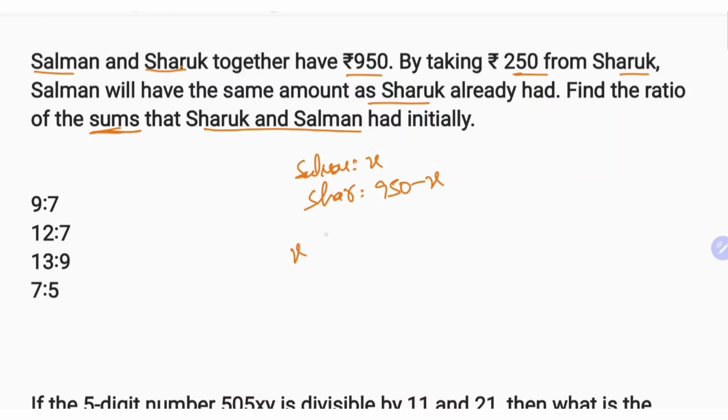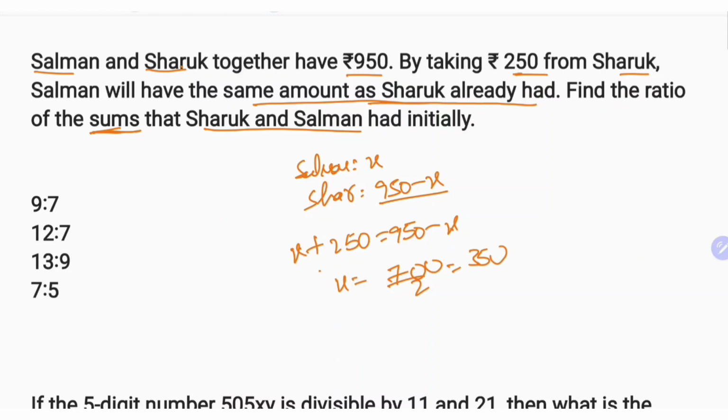Initially Salman has x. We need not calculate the next procedure. We can calculate 2x: 950 minus 250 is 700. It is already 2x, then x equals 350.